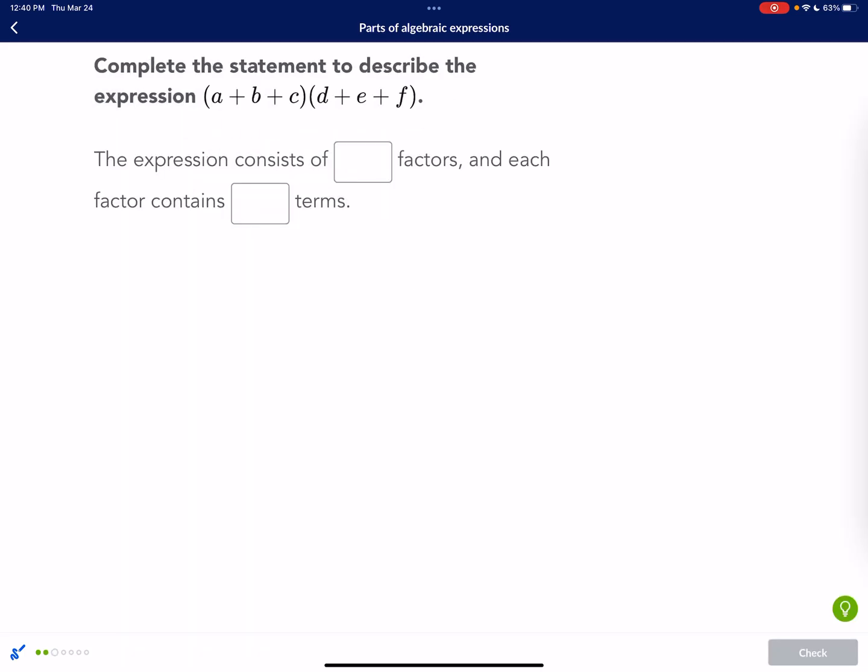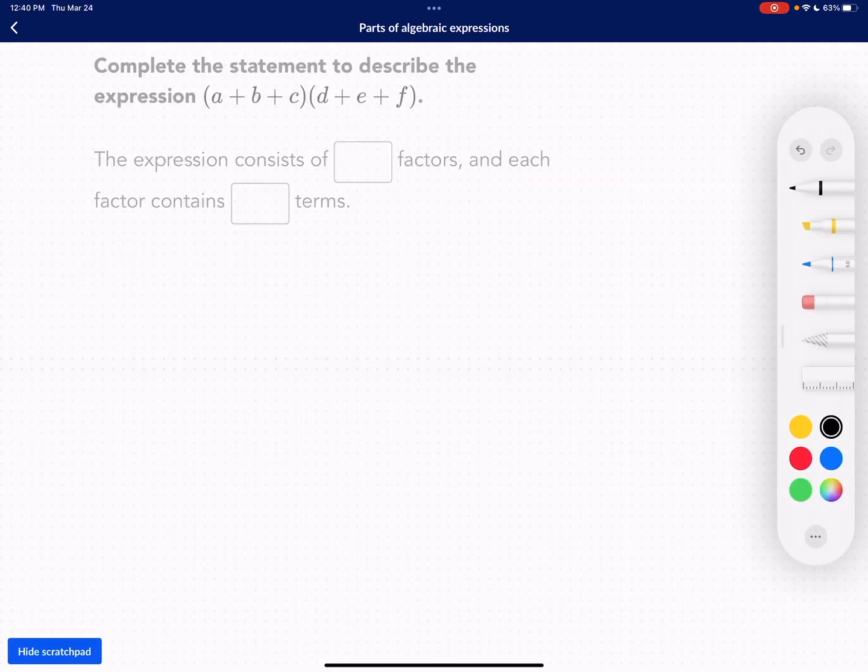Complete the statement to describe the expression. The expression consists of so-and-so factors, and each factor contains so-and-so terms. Well, just remember what a factor is. If I had 5 times 2, then this is one factor that has one term, and this is one factor that has one term.